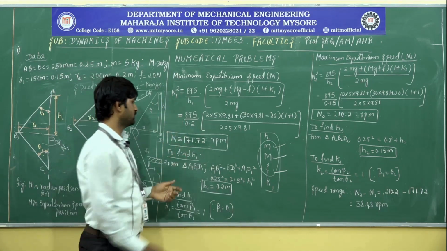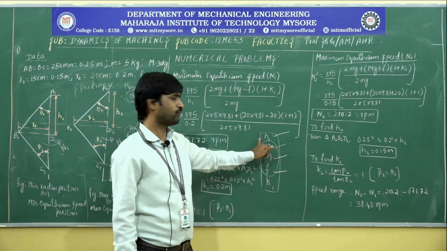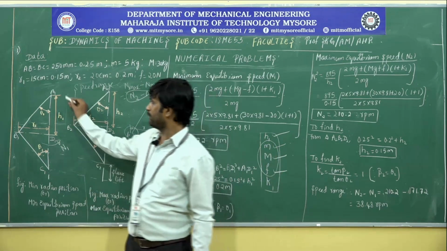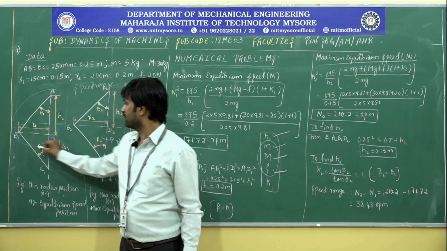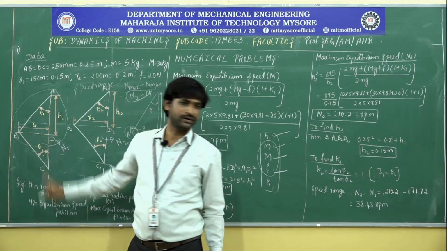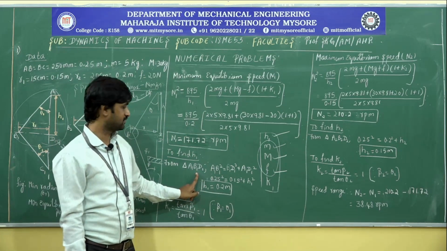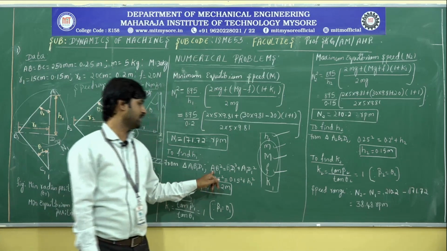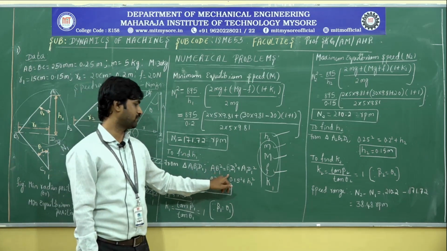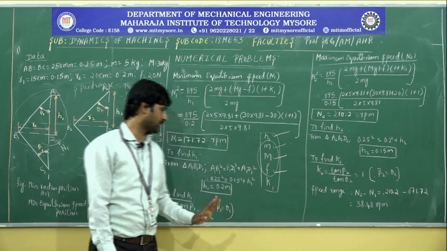So first, I will try to find the value of H1. In order to find the value of H1, we can make use of this triangle. If you consider the right angle triangle A1 B1 D1, there if I apply the Pythagoras theorem, which states that A1 B1 square will be equal to B1 D1 square plus A1 D1 square.